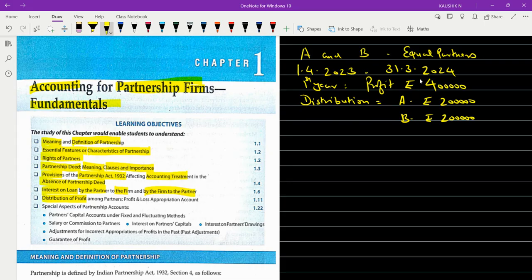In all the other types of business, we prepare trading, profit and loss account and balance sheet, but in partnership business alone, we have to prepare one additional account that we call profit and loss appropriation account. And remember, this is the account which is prepared in order to show the distribution of profit or loss among the partners.